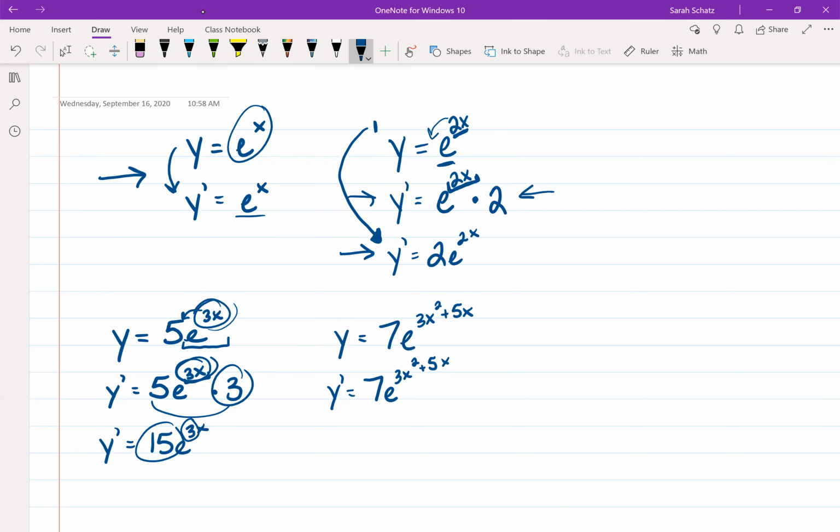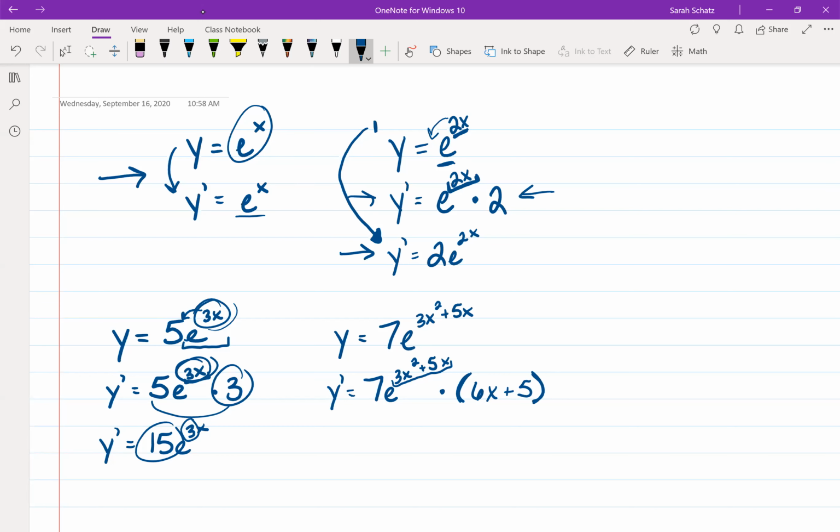Now, I've dealt with the exponential part of the problem, and now I've got to deal with the chain part. This is definitely not just x. What is the derivative of 3x squared plus 5x? Well, that's going to be 6x plus 5.